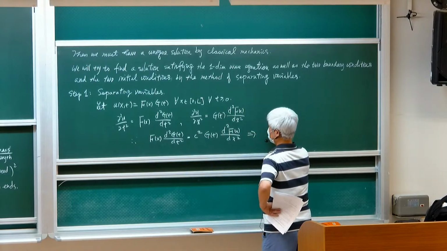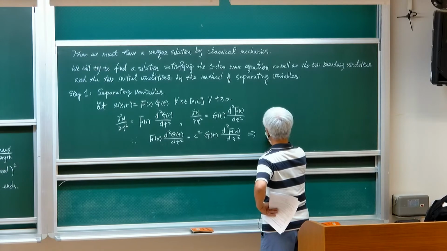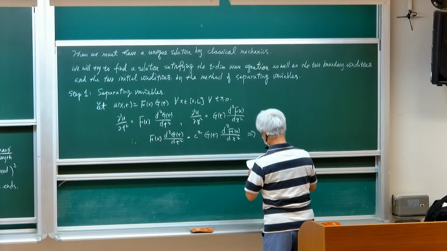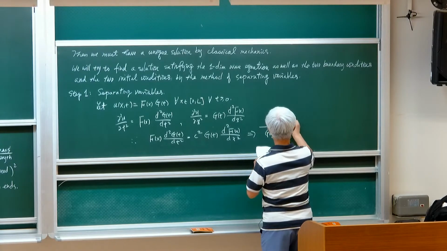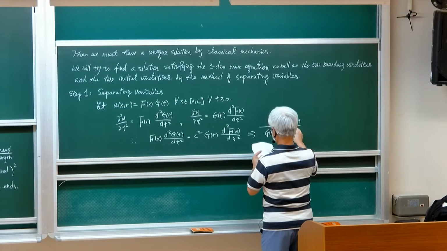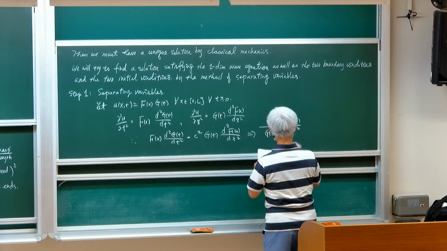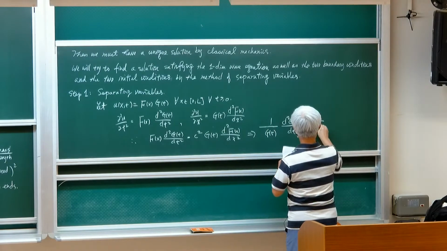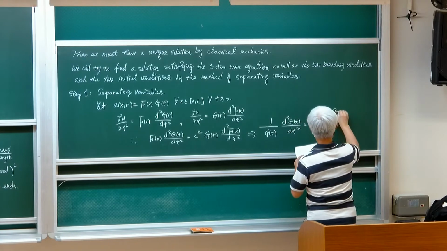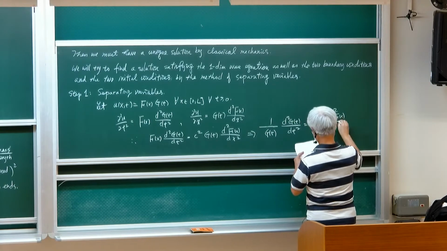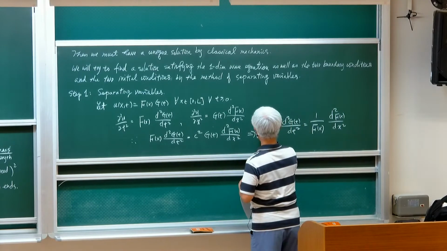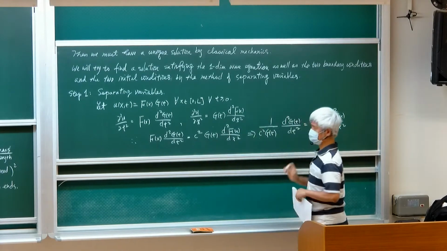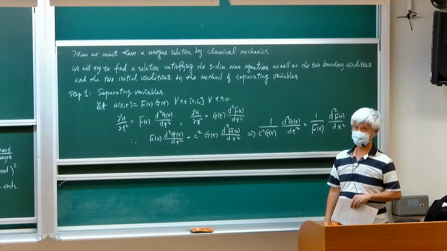And so we have 1 over g of t, g'' equal to 1 over f of x, f'', and we decide to move c squared to here. It's an arbitrary choice for you to make.